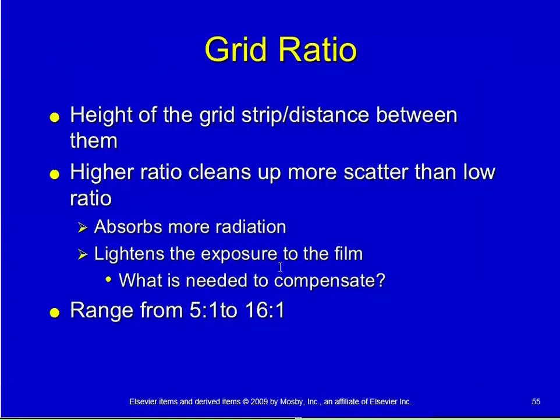So it lightens the exposure to the image receptor. It reduces the exposure to the image receptor. So if you were to set a technique, say you're shooting a portable KUB without a grid, and you got a good technique, maybe 80 kVp at 10 mAs, and you got good exposure on the patient.